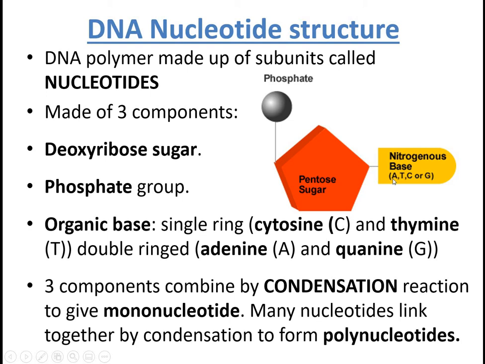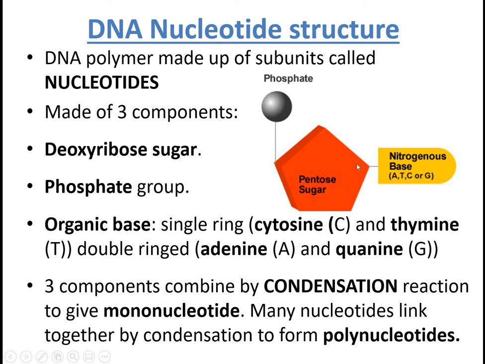And remember, A pairs with T, apples on the tree, and C pairs with G, cars in the garage. So key things here is there is a phosphate group, a pentose sugar, and a nitrogenous base.